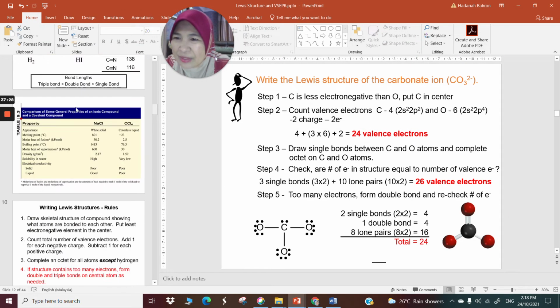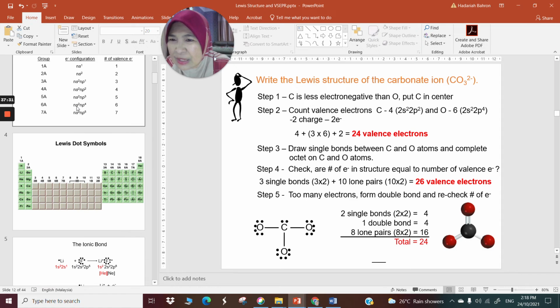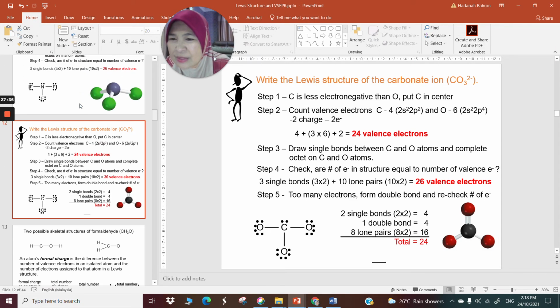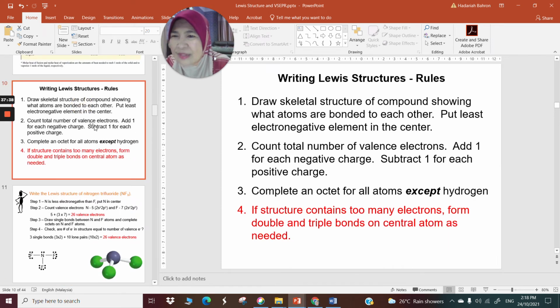So what are you going to do? Step number 5. Remember this rule that I was telling you about. Where is that rule? At the top. Yeah. Now, this rule.